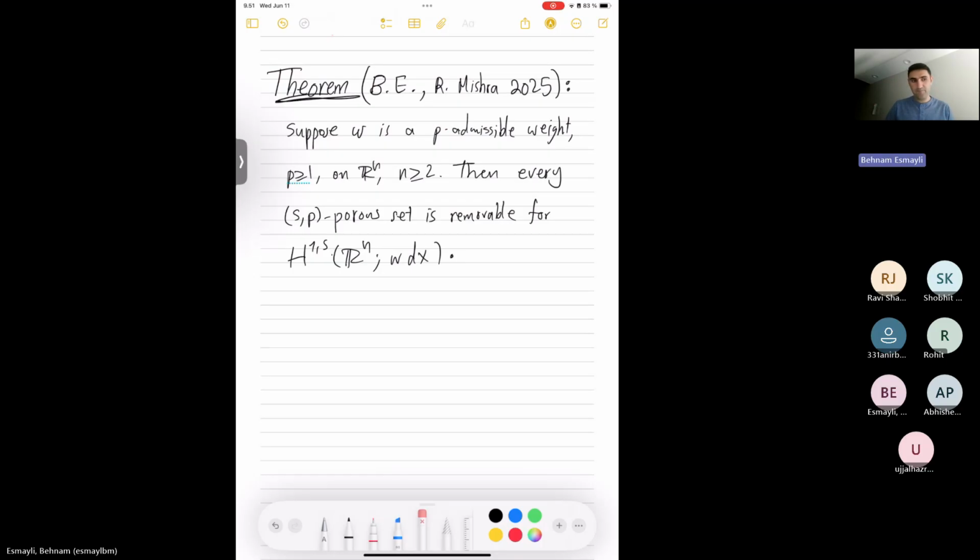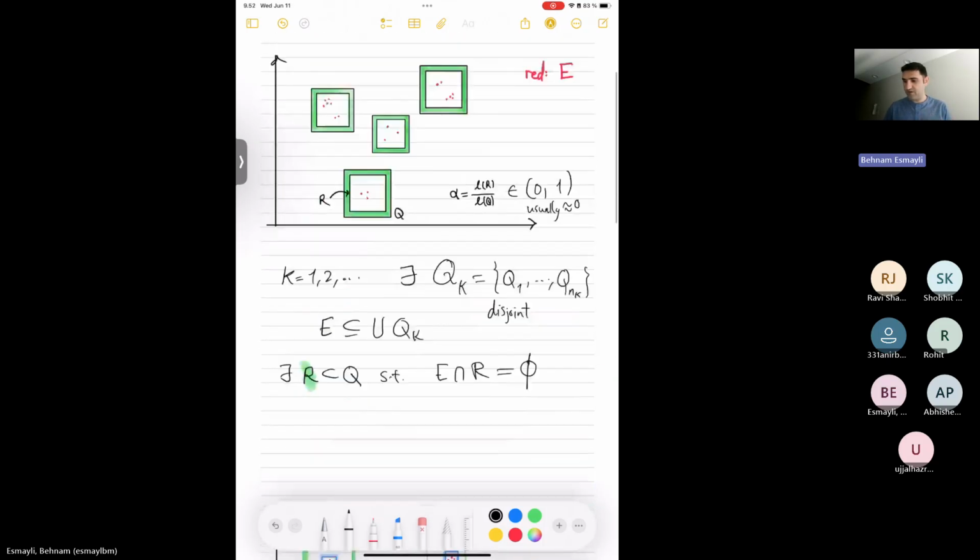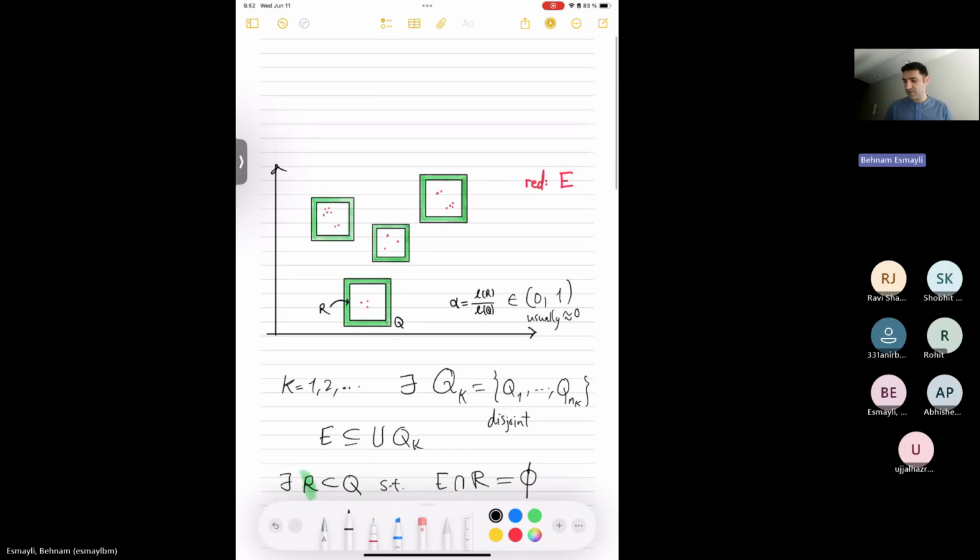And again, the idea is actually really cool. So let me go back to my picture and explain how does one even start proving such a result, okay? You have a function that you know is Sobolev everywhere outside this set E, right?